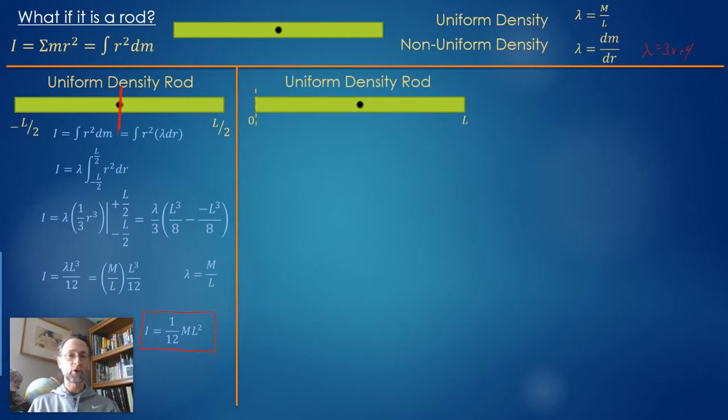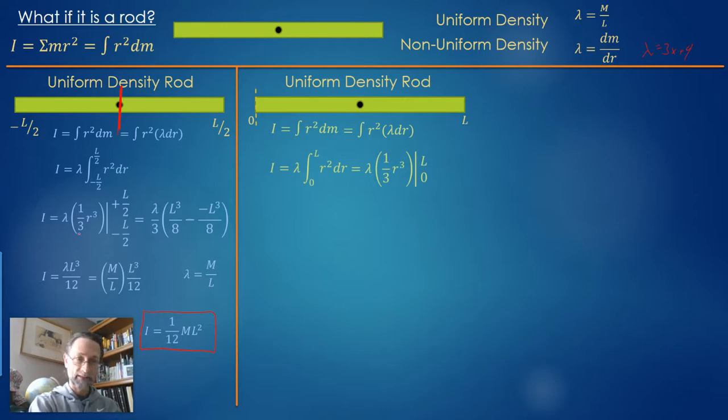Now, let's take that same rod, and instead of rotating it around the center of mass, let's rotate it around one of the edges. So now my length is going to start at 0 and go to L because my rotational axis is on the end of the rod. I'm going to integrate r squared dm. Again, I'll substitute in lambda dr for the dm. And because my lambda is a constant, I can pull it out of the integral. I can integrate that and get lambda times 1/3 r cubed. Notice it's the exact same thing as we had over here, except now my definite integral is different.